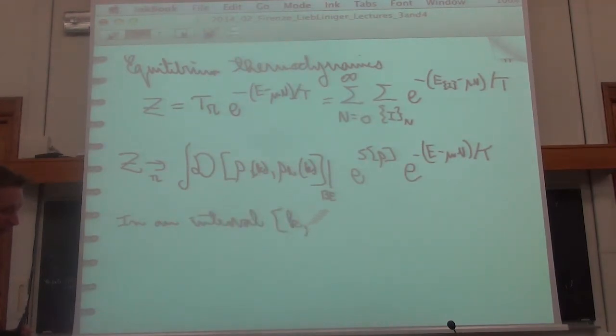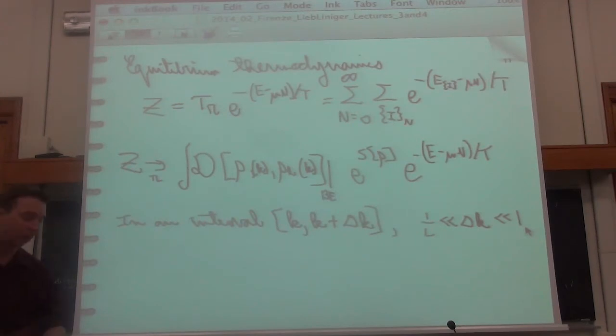Between k and k plus delta k, where this delta k is much larger than 1 over L, but is still much smaller than 1.